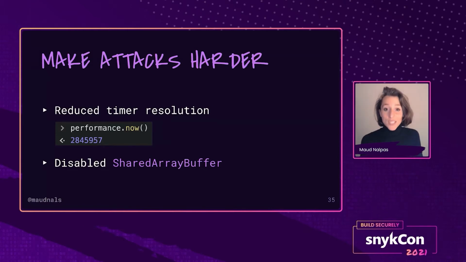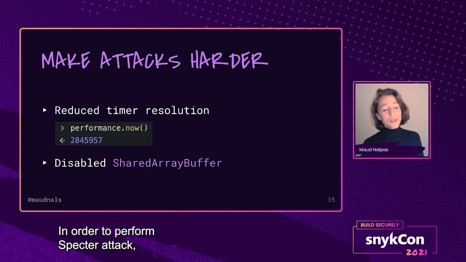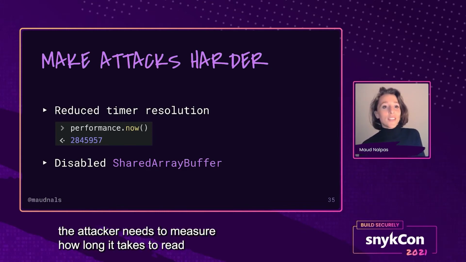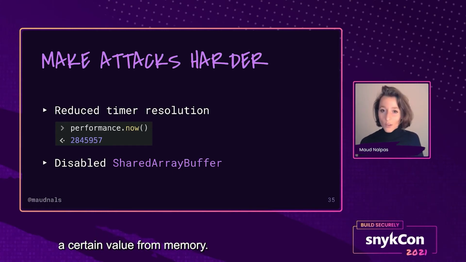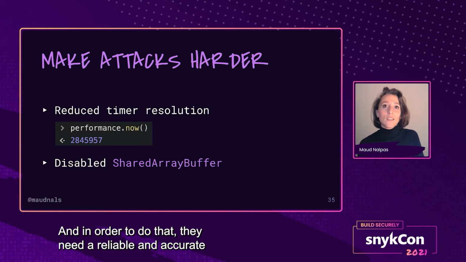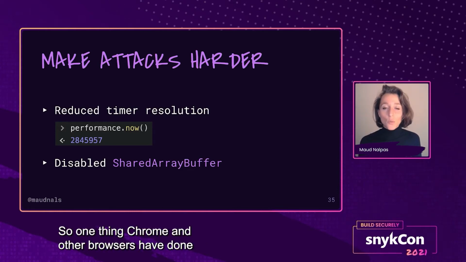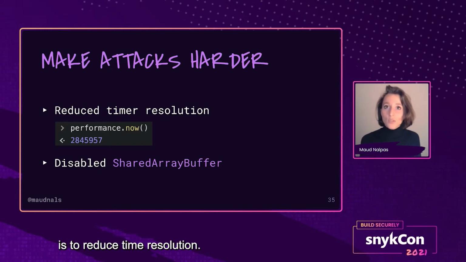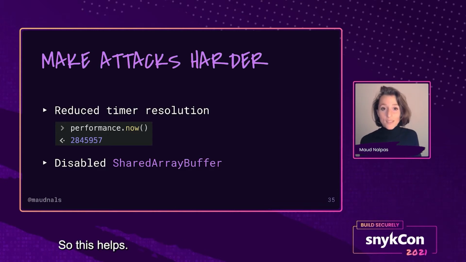First, what browsers can do is make attacks harder. In order to perform a Spectre attack, an attacker needs to measure how long it takes to read a certain value from memory. And in order to do that, they need a reliable and accurate timer. So one thing Chrome and other browsers have done is to reduce timer resolution. This helps.